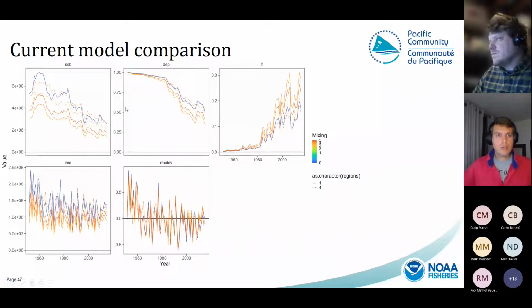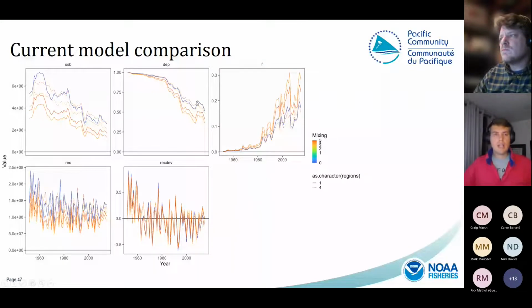But the general trend is that if you look at the equivalent single region with the 4-region model, the scale is shifted up for the 4-region model, and that results in less depletion.